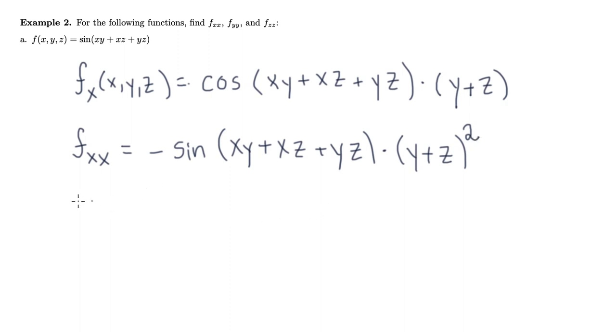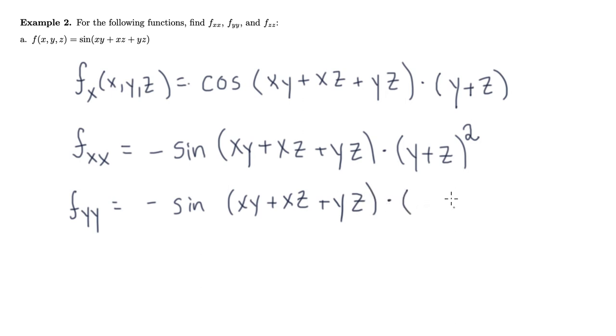And it's very easy to see that f_yy is almost exactly the same thing because the procedure is the same. Actually, this function is symmetric in its variables, except instead of multiplying by the derivative of the inside with respect to x, it's going to be the derivative of the inside with respect to y, which is going to be x plus z.